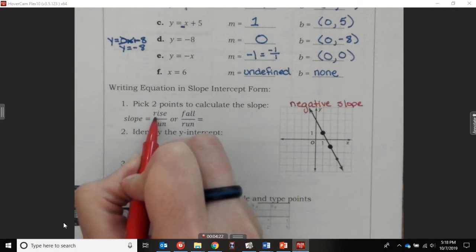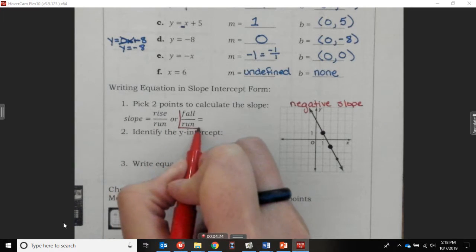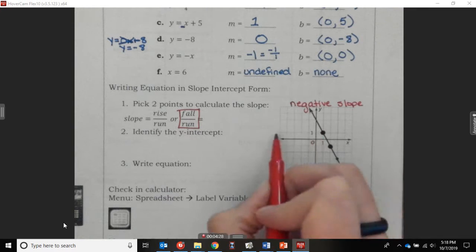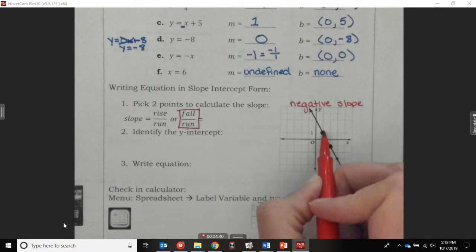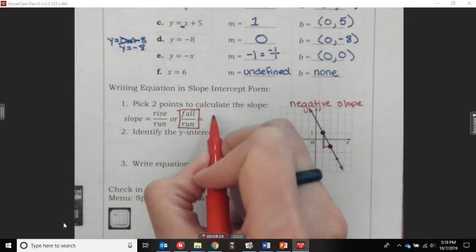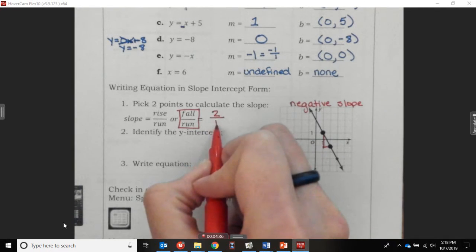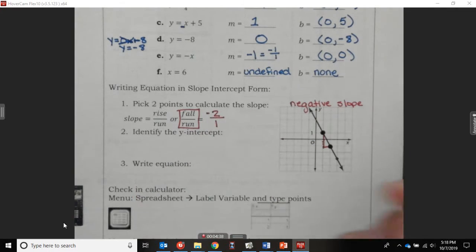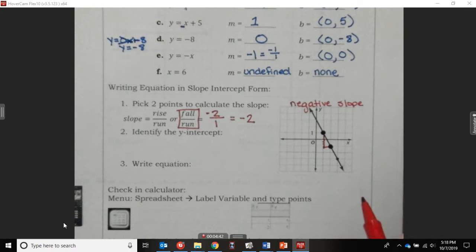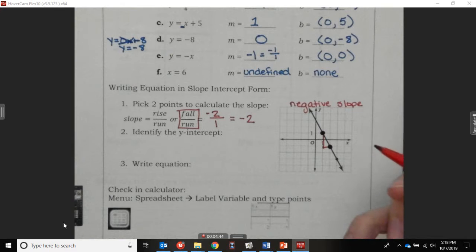So that means I'm not rising, I'm falling and running, and I always read from left to right. So starting from my farthest point left, I read from left to right: fall 2, run 1. And if I'm falling, that means I'm negative. So -2 over 1, which is just -2.